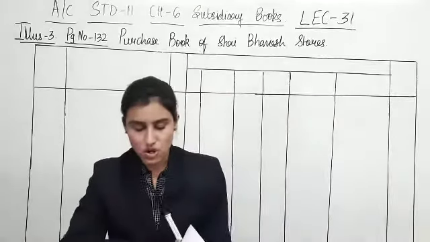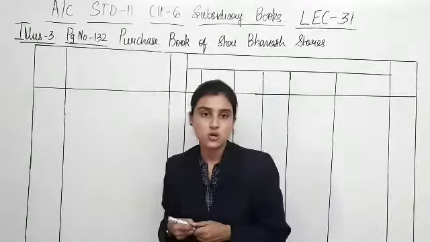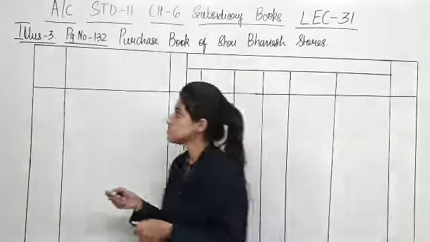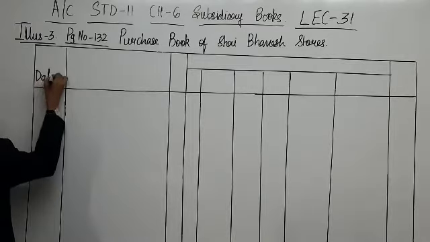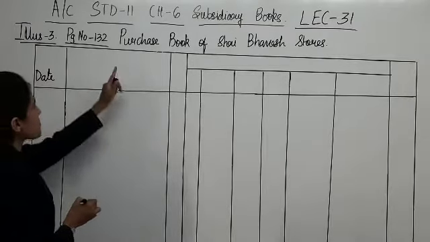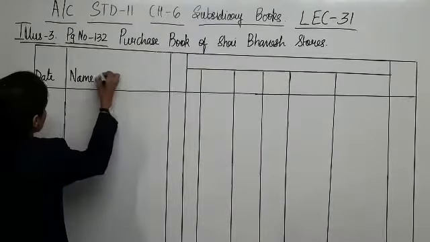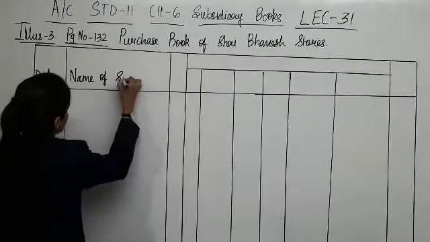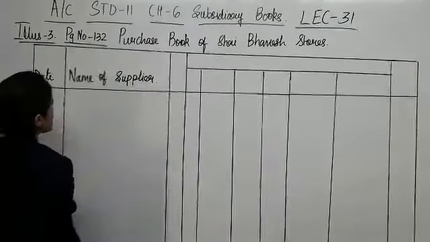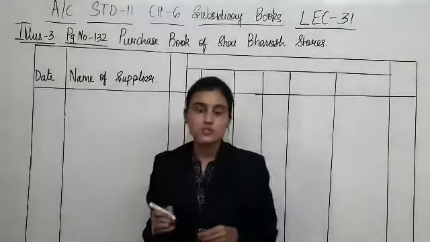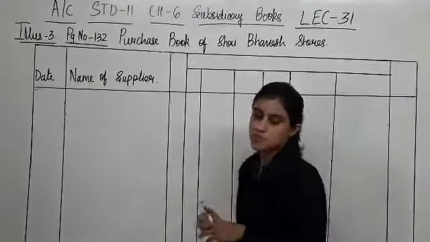The very first column is of date. Of course, this is the purchase book. The second column is the name of supplier.